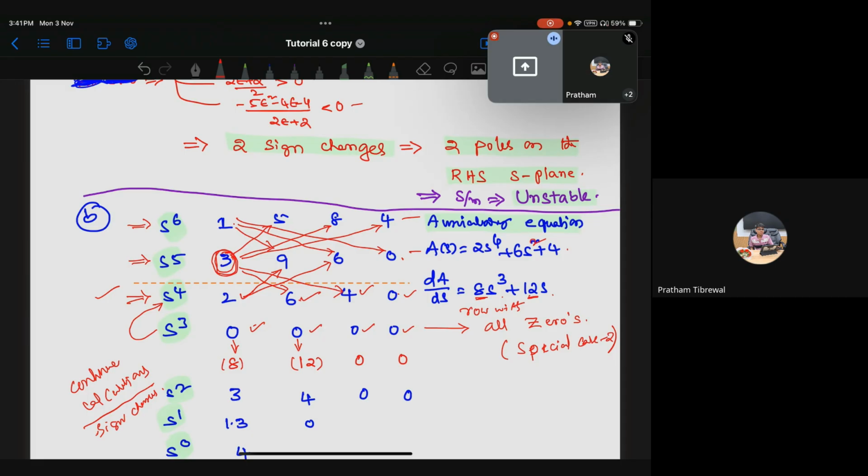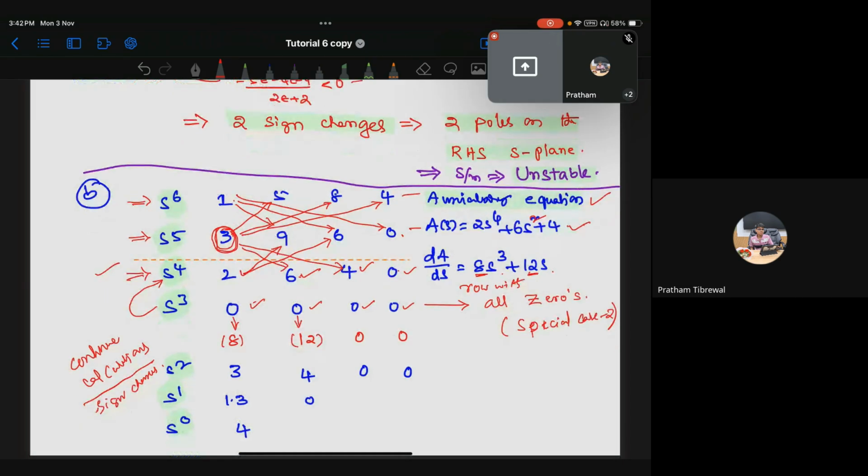And you got this auxiliary equation. The system is marginally stable because this auxiliary equation will give us complex conjugate roots. Here you see no sign changes in this column.